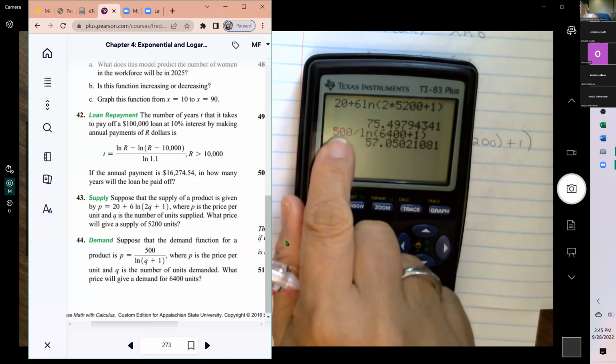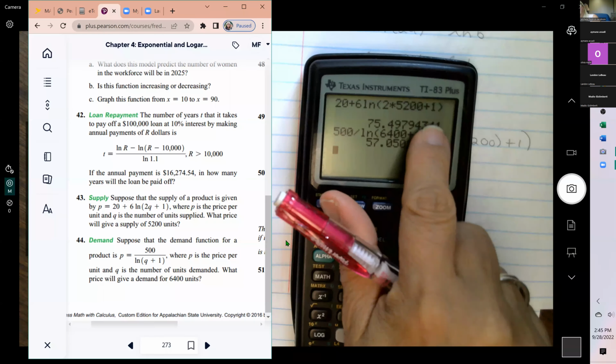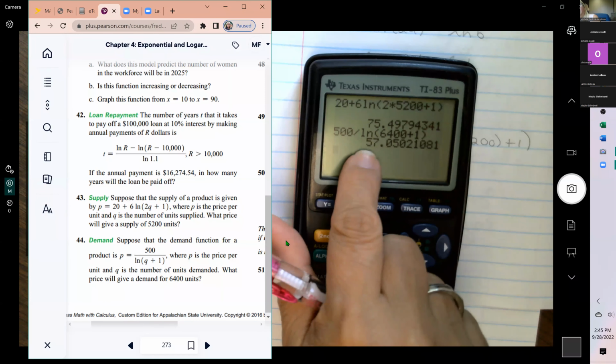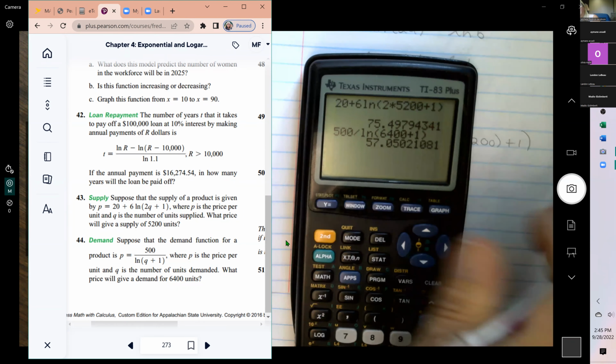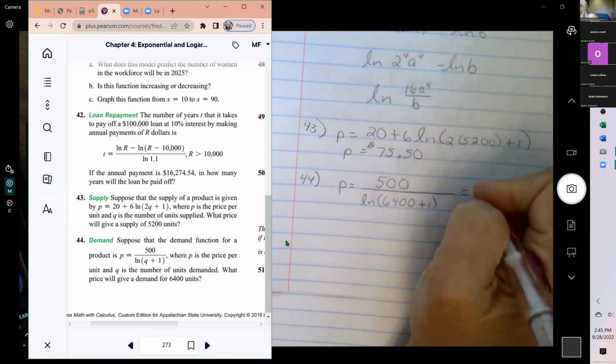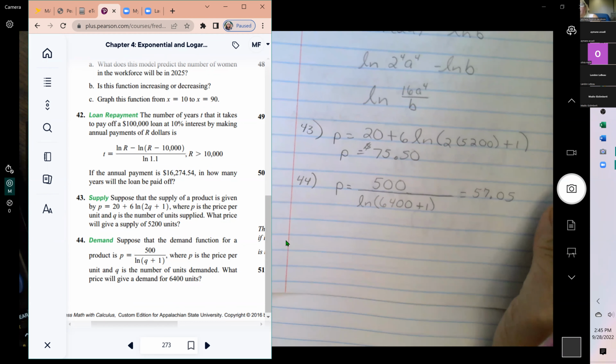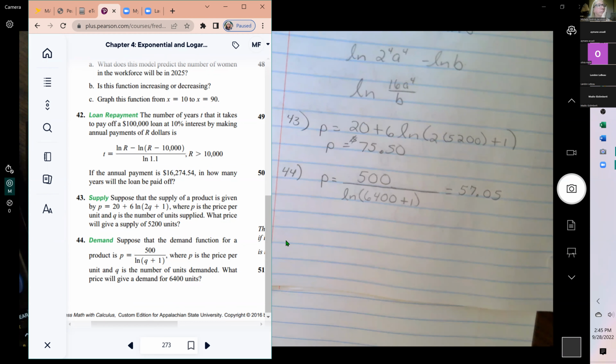So I plugged it in: 500 divided by the natural log of 6,400 plus 1, and then closed my parenthesis. And I got $57.05. Any questions on that?